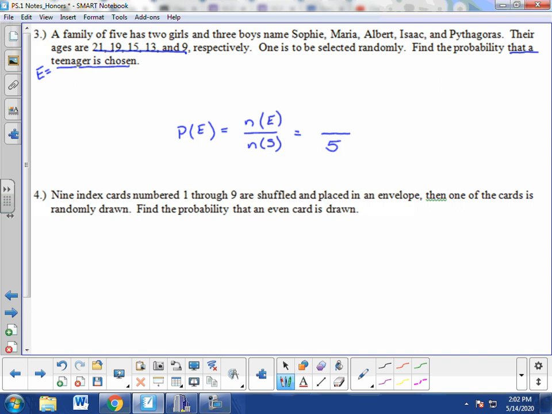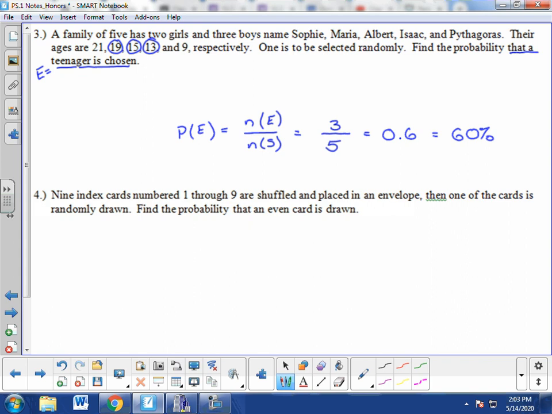The number of elements in the event, then, would be the number of teenagers in that sample space. So 19, 15, and 13 would all be teenagers. So the number of elements in the event is 3. So 3 divided by 5 is 0.6, which is 60%.